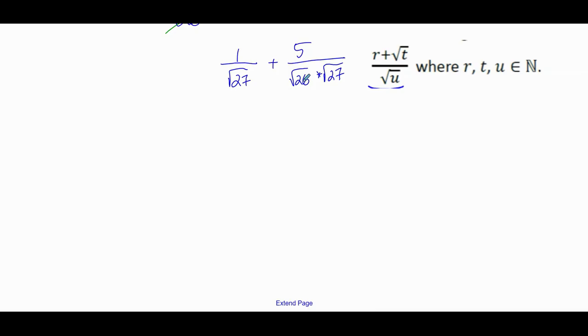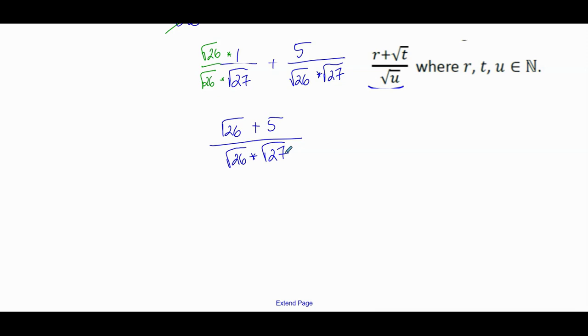I'm missing square root of 26 multiplied. So multiply by square root of 26. But that means I need to multiply the top of the fraction by square root of 26 as well. So I have square root of 26 plus 5, divided by square root of 26 multiplied by square root of 27. That's fine.